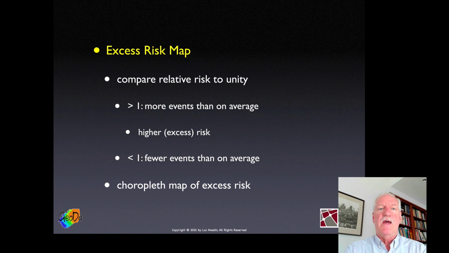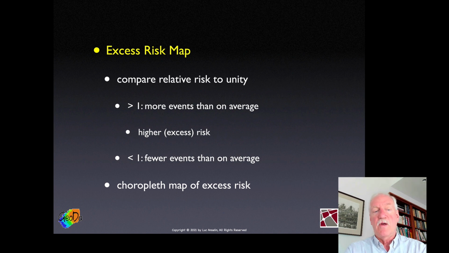And in the excess risk map, we compare this ratio of observed over expected to the value of 1. What does that mean? If it was 1, it means that you get exactly what you can expect. So if you have more than 1, you have more events than on average. That's a higher risk. If you have less than 1, you have fewer events than expected. So you have a lesser risk.